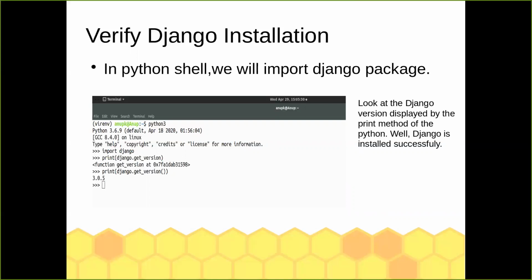Import the Django package. Step 2. Use the command print django.get_version function. Then look at the Django version displayed by the print method of Python. Well, Django is installed successfully.